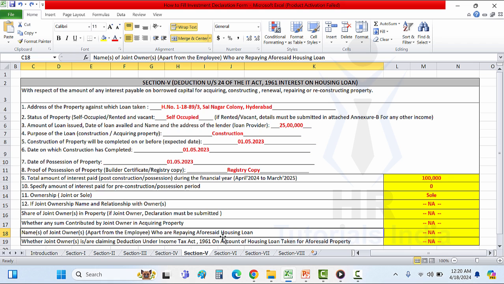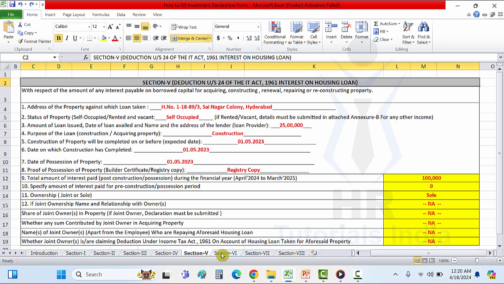Name of the joint owners apart from the employee who are repaying the aforesaid home loan: not applicable. Whether joint owners are claiming deduction under the Income Tax Act 1961 on account of the housing loan taken for the aforesaid property: not applicable. So dear friends, we have filled the required information for section 5, that is interest on housing loan.